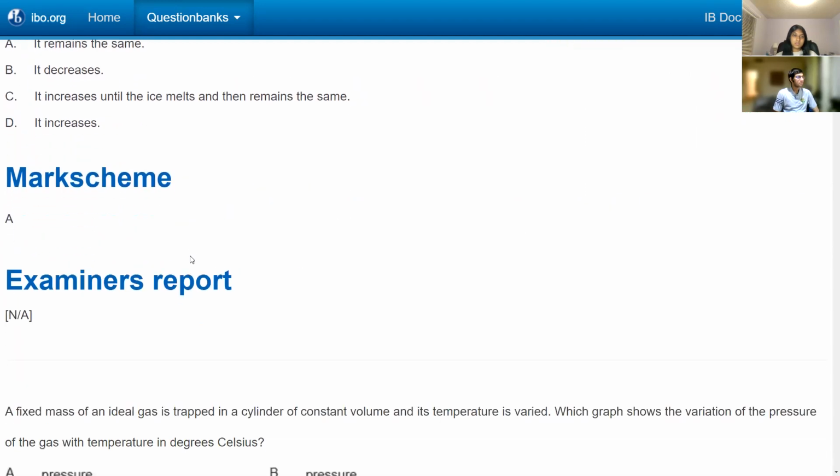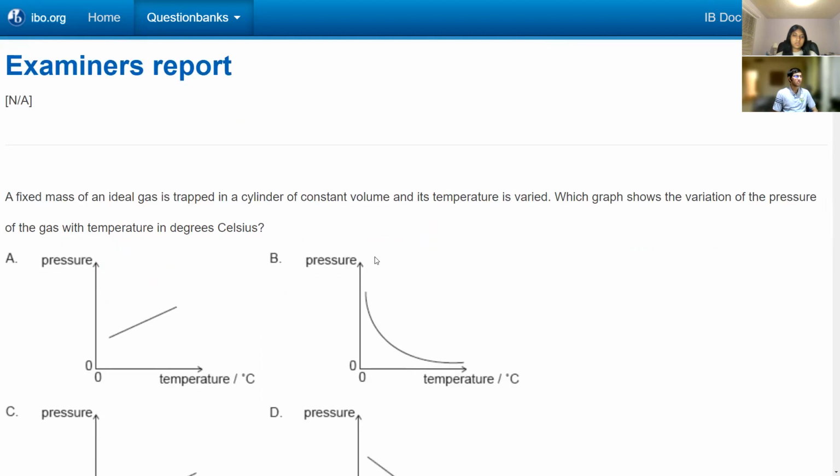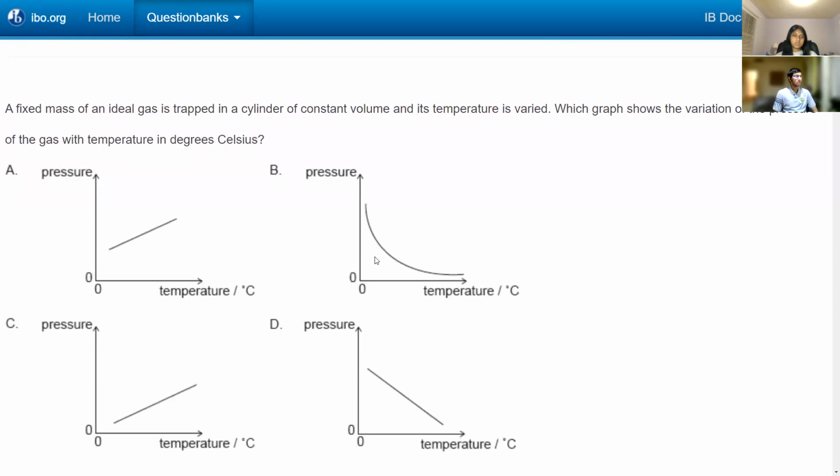Okay. Cool. Fixed mass of ideal gas is trapped inside a cylinder of constant volume and its temperature is varied. Which graph shows the pressure of the gas with temperature in degrees Celsius? PV equals nRT, so it should be P and T as a direct relationship, right?